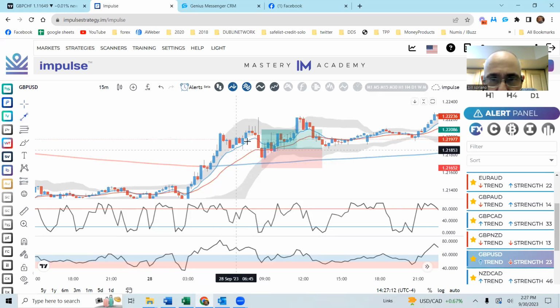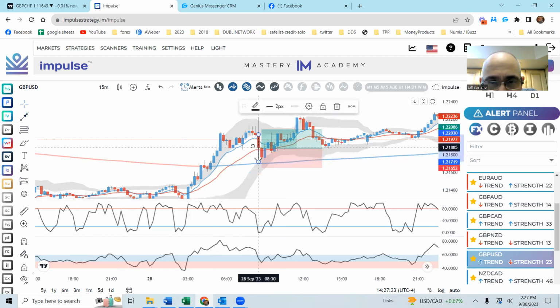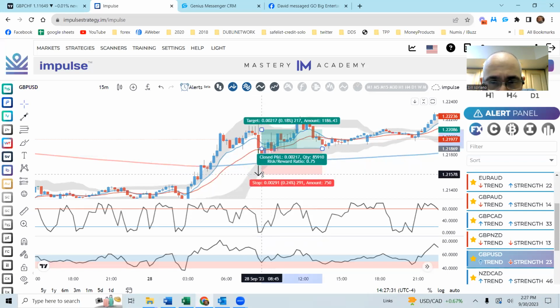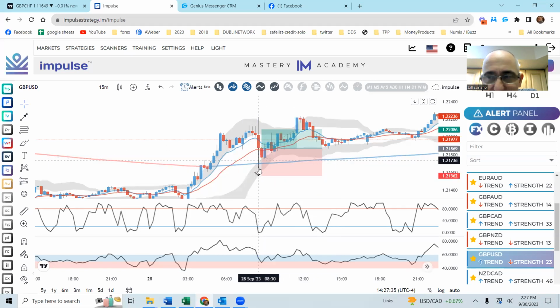So if we just quickly measure the distance between the bottom of this gray zone to the top of this gray zone, right? Okay. And then we're going to take that and add that now to the bottom of this candle. And so our stop loss has to go right down around here at about 30 pips. Okay, so that's how you calculate the stop loss using this impulse scanner.